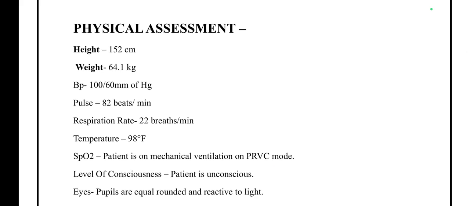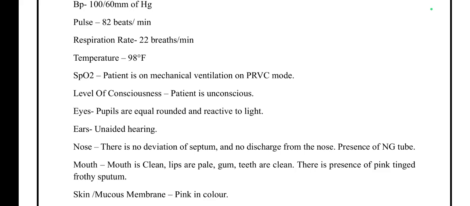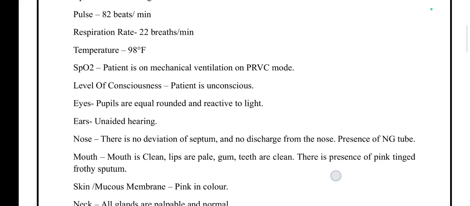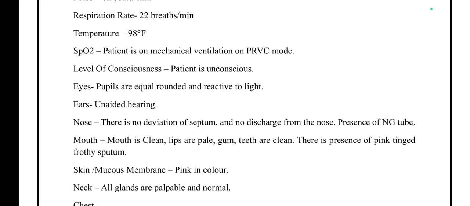Next, coming to the physical assessment. As usual, the physical assessment should be completed starting from the anthropometric measurements, that is height and weight, then vital signs, then the patient's level of consciousness, then eyes, from head to foot. Every system should be covered. In heart failure you should focus on the cardiovascular system assessment and the findings you get, like different adventitious lung sounds or heart sounds, or any edema in the extremities.